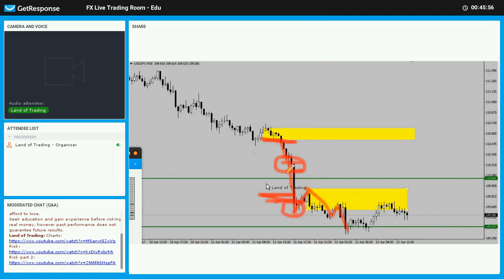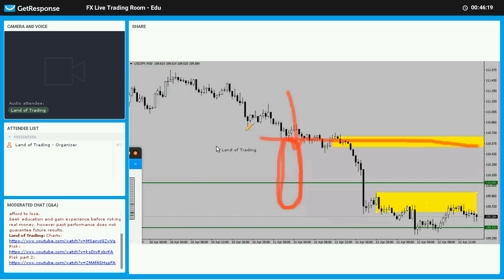Most probably we are going to have something about 110.20. But on this 30-minute chart, the market was simply looking for any kind of buying activity. All right, so it started here. Okay, so let's switch lower.